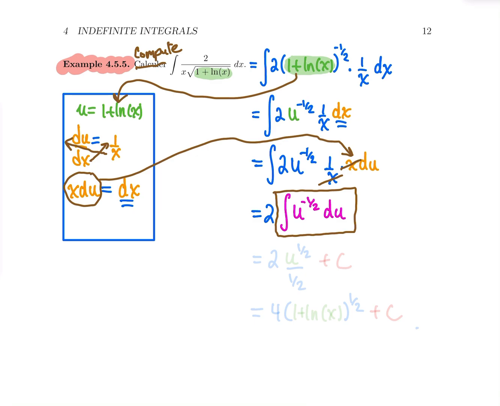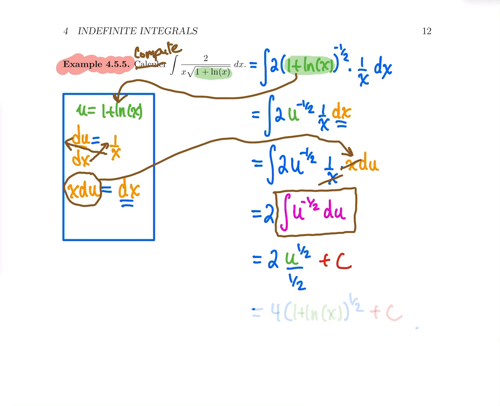I have to integrate u to the power of minus 1/2. So apply my power rule formula for integration. So I get 2 times, minus 1/2 plus 1 will be 1/2, divided by the same power, 1/2, plus c. And now if you divide by 1/2, that's the same thing as multiplying by 2.